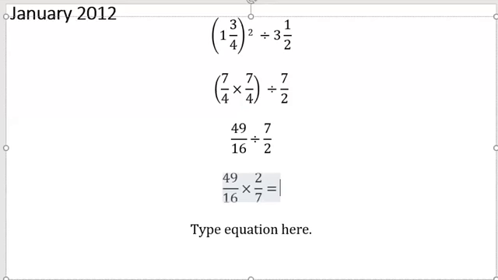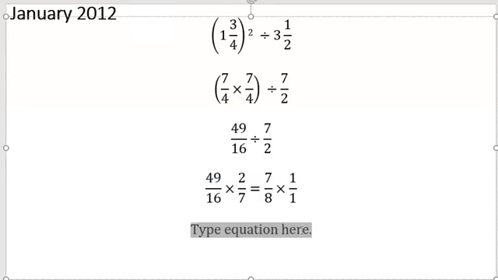So you'll now have 7/8 multiply by 1/1. So basically it is 7 over 8, and that is our answer for January 2012. 7 over 8.